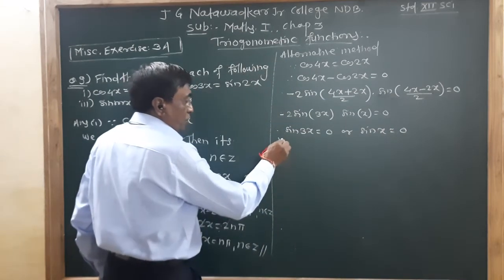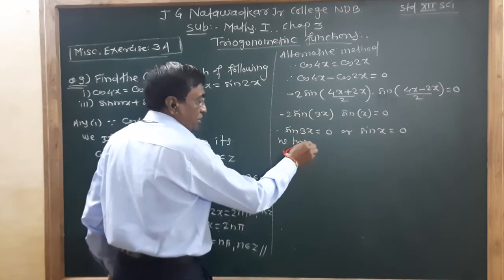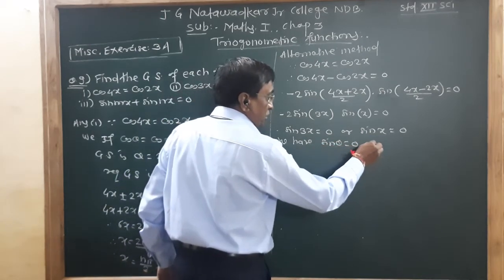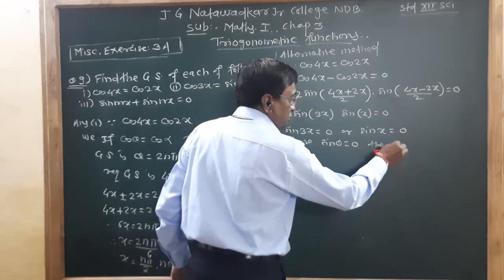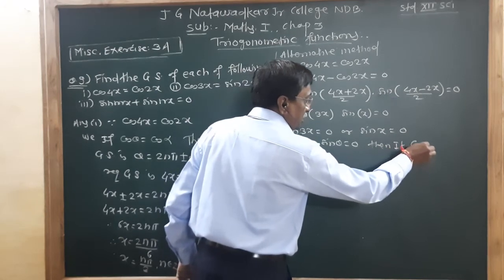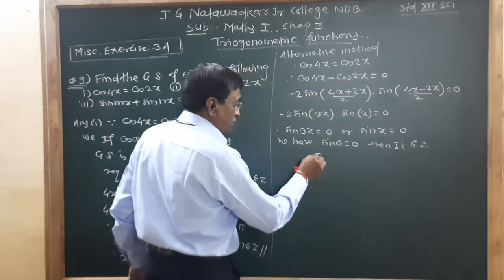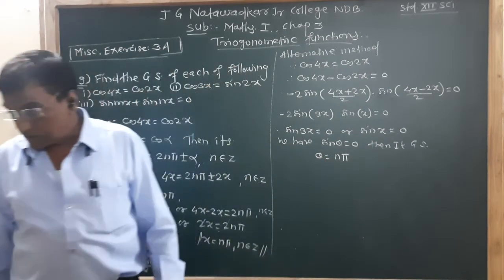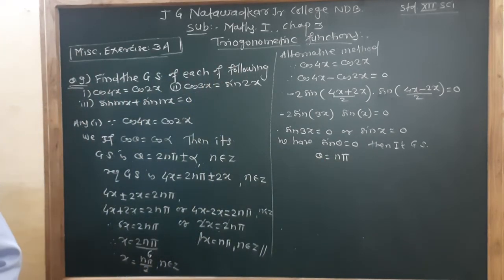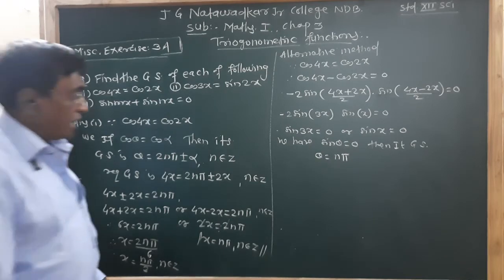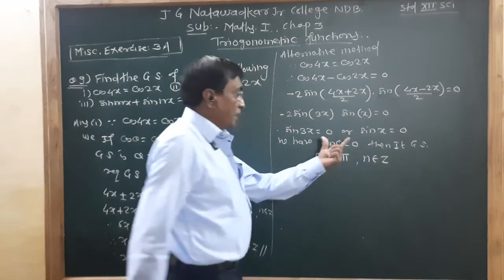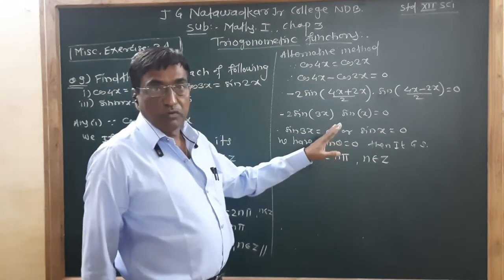We have the general relation: if sine theta is equal to 0, then its general solution is theta is equal to n pi, where n belongs to Z. This is the general solution for equations of the type sine theta is equal to 0.